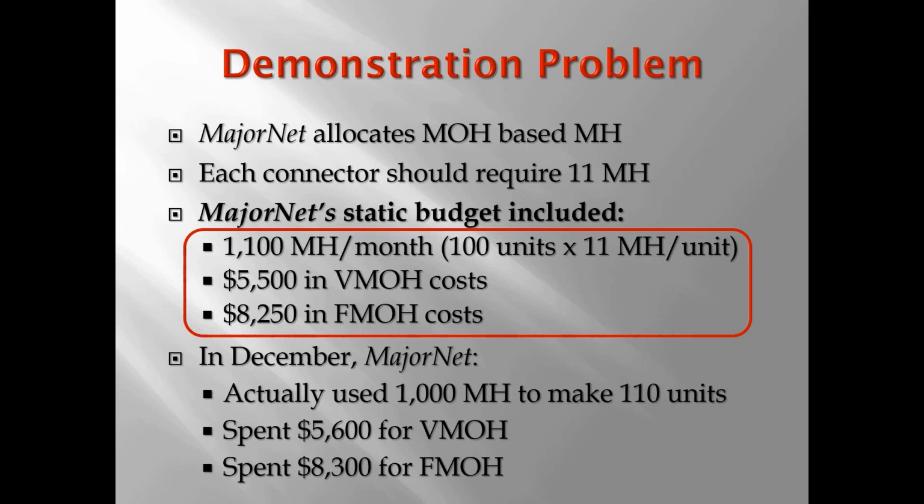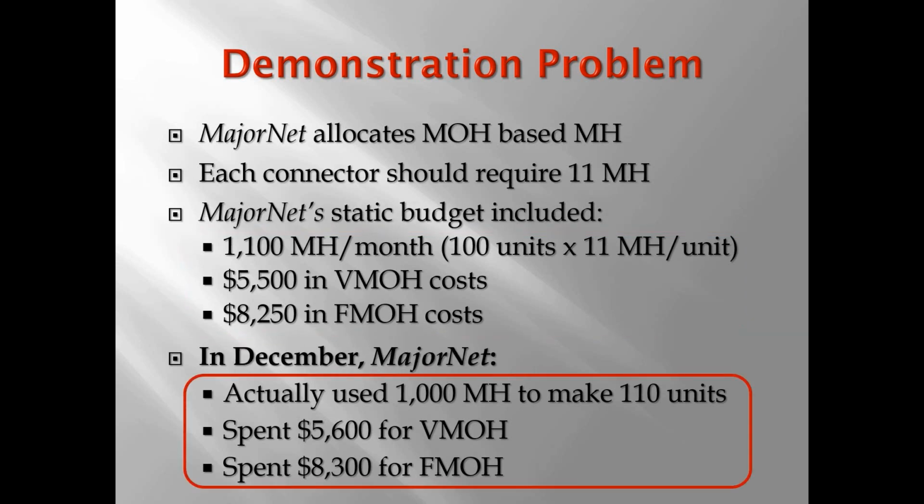It also estimated its expected total variable manufacturing costs at that level of activity and its expected fixed manufacturing overhead costs. Once the period's over, that master budget becomes the static budget.